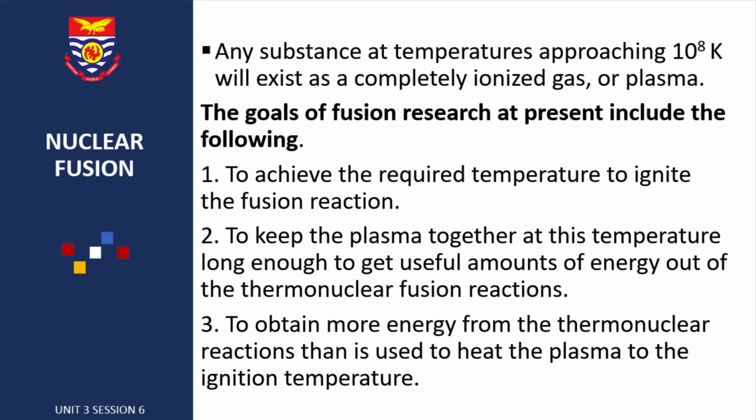However, any substance at a temperature approaching 10^8 Kelvin will exist as a completely ionized gas or plasma. So this poses a challenge to nuclear fusion reactions, because it is very difficult to obtain this temperature under controlled conditions.